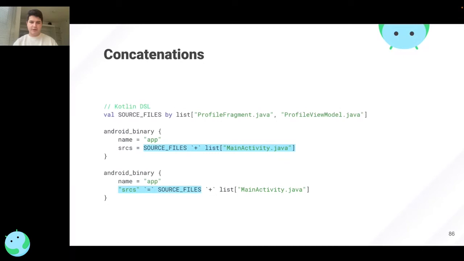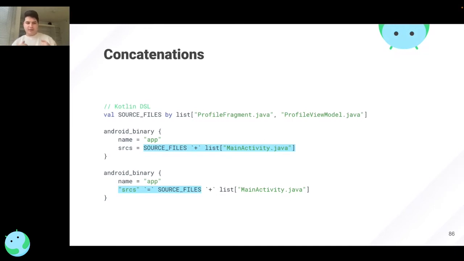And the catch here is that the order of operations when Kotlin executes the code is different. In the first case, the first function that will be executed by Kotlin is plus. So first it will evaluate the result of source files plus list, even if it's our custom function, so it will run it. And then it will assign this value to sources.